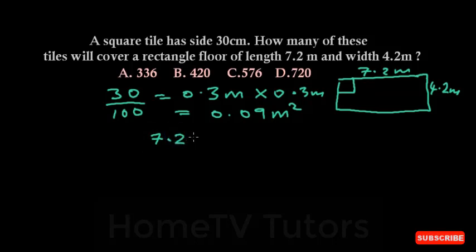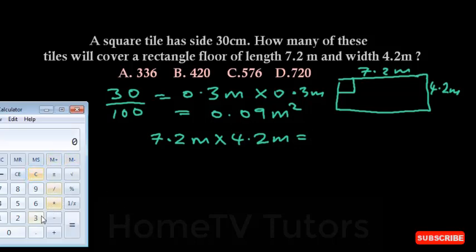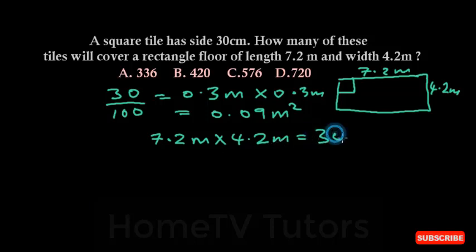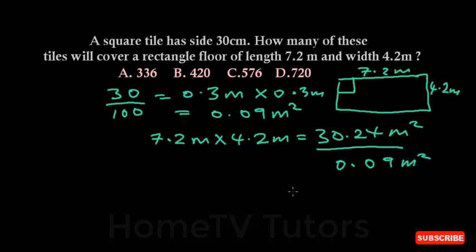And then we find the area of the rectangle, which is simply multiplying the length and the width. That is 7.2 meters times 4.2 meters, and let's quickly use a calculator, 7.2 times 4.2, that gives us 30.24 meter square, and that will be divided by the area of a single square tile, which is 0.09 meters square.